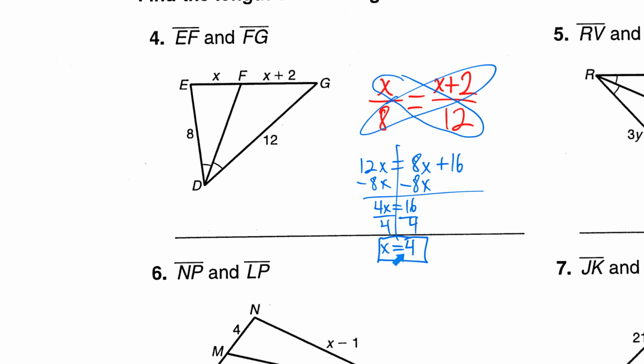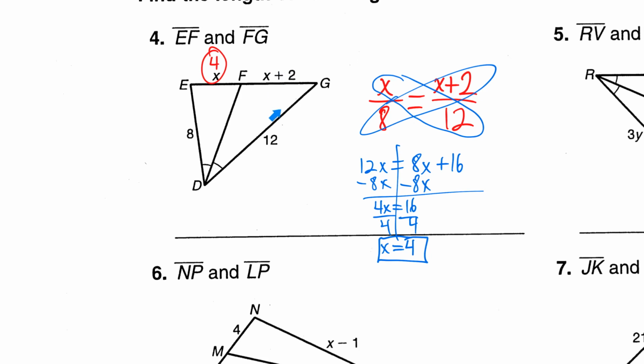All right, so this x is 4. Let's see if that makes sense. So if x is 4, how long is it from E to F? 4, right? Now think about this, okay? This 4, how does that relate to this number right here? It's half of it, right?